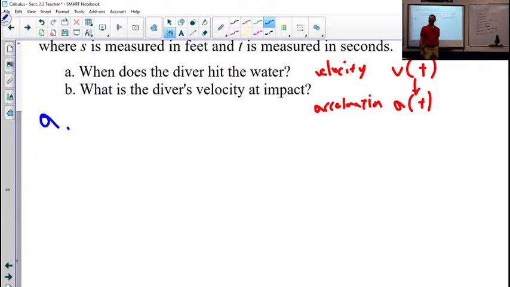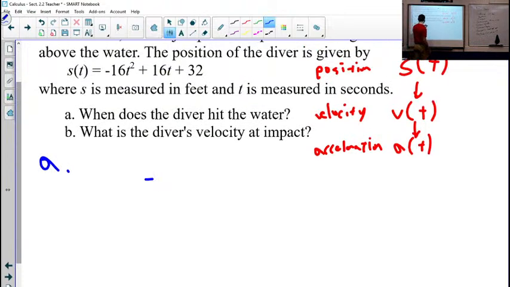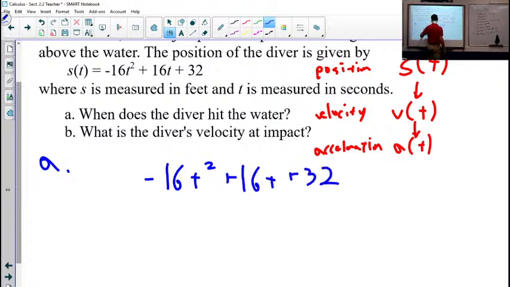Part A is not a calculus question. That's an Algebra 2 question. The diver hits the water.